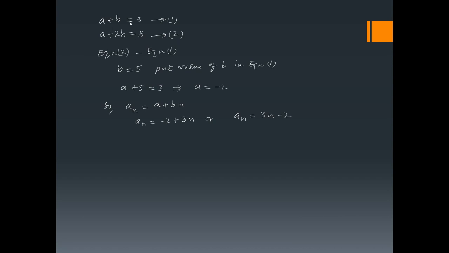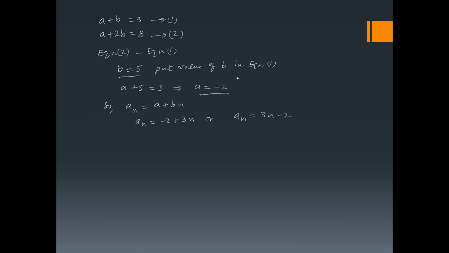First equation is a plus b is equal to 3, and the second equation is a plus 2b is equal to 8. We subtract equation 1 from equation 2, and we get b is equal to 5. Put this value of b in equation 1, a plus b is equal to 3, and we get a is equal to minus 2.